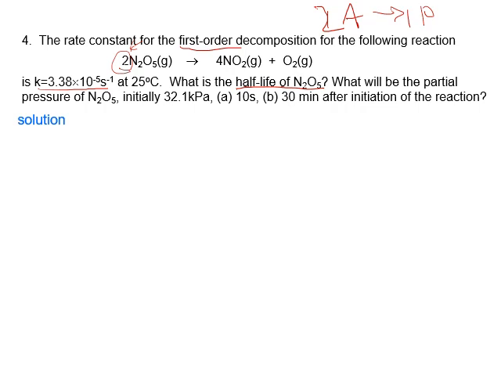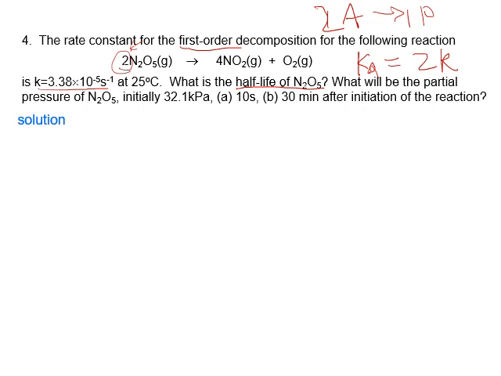Therefore the equations we derived in class for the integral rate law for first order reactions are all valid. The only thing you need to change is the k. So for k_A, this is the effective rate constant, which should be twice the rate constant of the reaction. That's all you need to do.